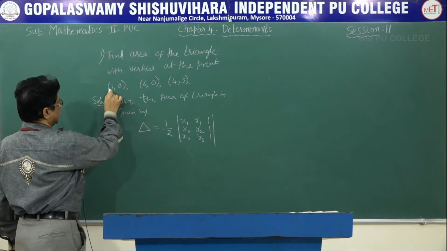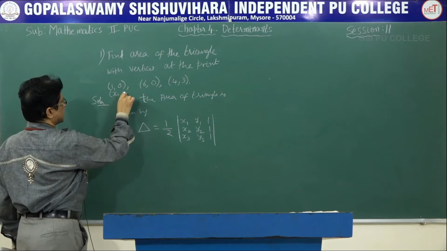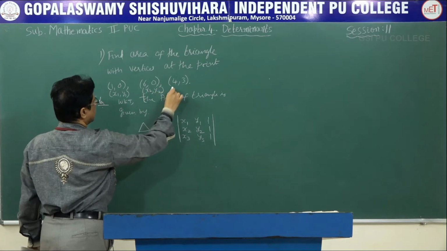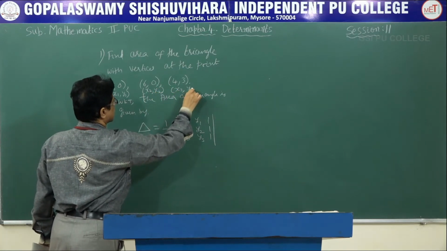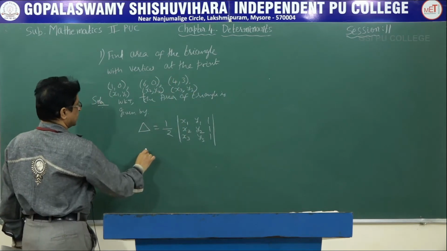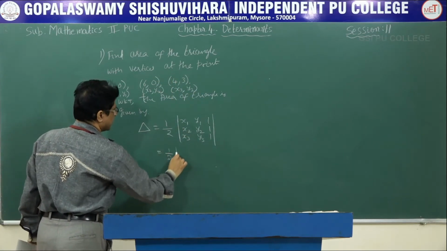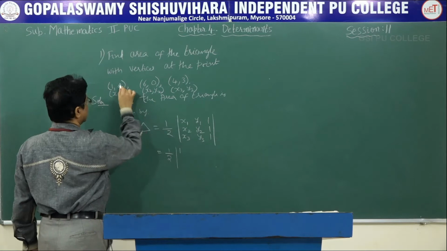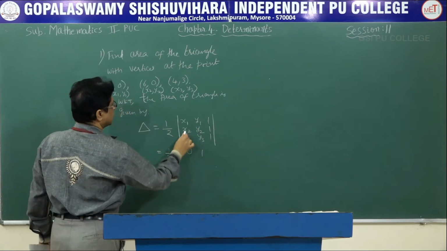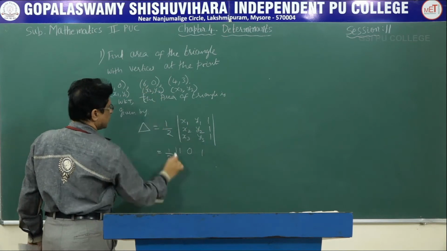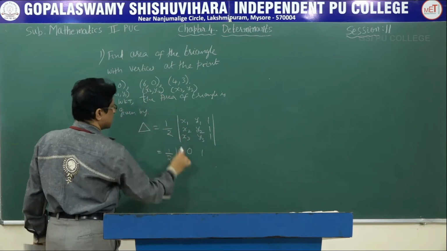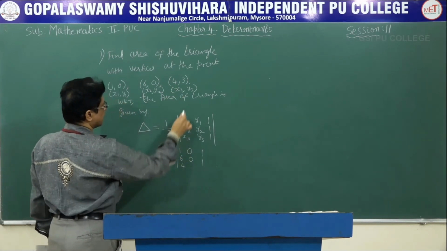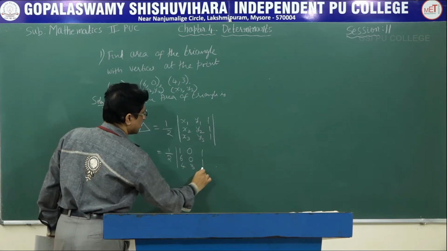Here (1, 0) is x1 y1, (6, 0) is x2 y2, (4, 3) is x3 y3. So that will be equal to half into determinant of 1 0 1, 6 0 1, 4 3 1.